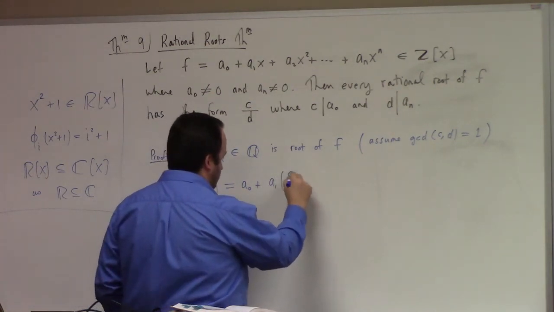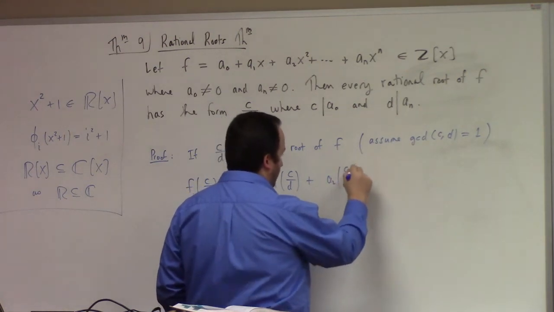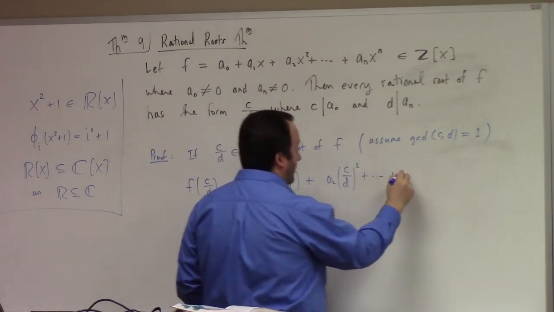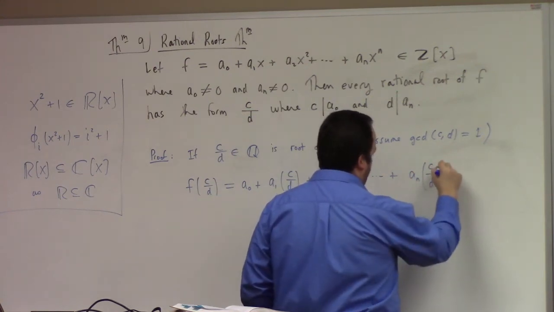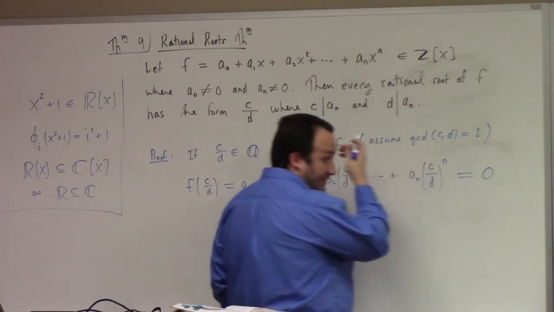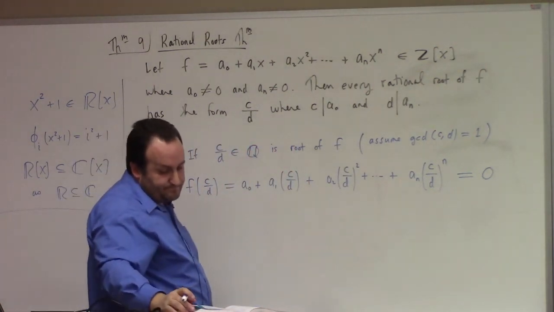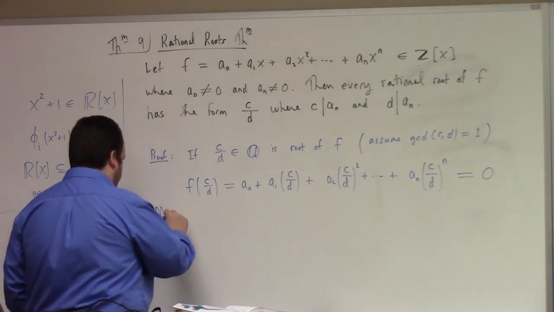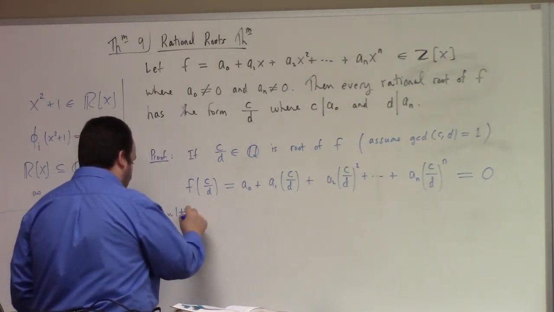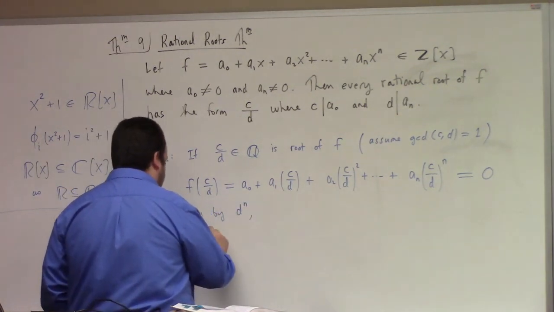And then what can we do? So that's equal to 0, right? Because it's a root. And then what do we do? Yeah, clear out the denominators, right? Multiply by d to the power n, and what do we get?